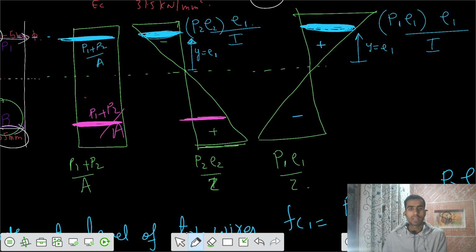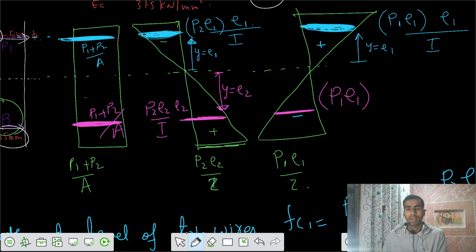And at this level we have the moment of P2 E2. But what is the value of y for this location? The value of y for this location equals E2, eccentricity E2. So E2 by I. And the third one is the moment of P1 E1, but we have the value of y equals E2. So P1 E1 into E2 divided by I.